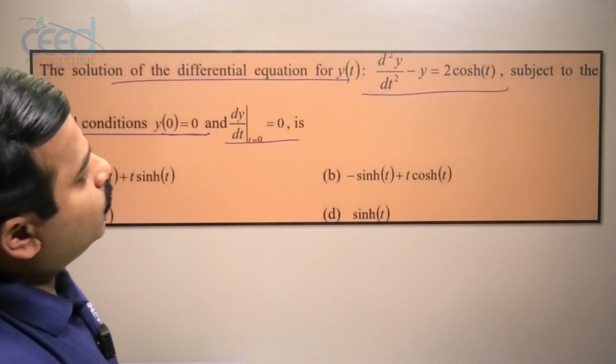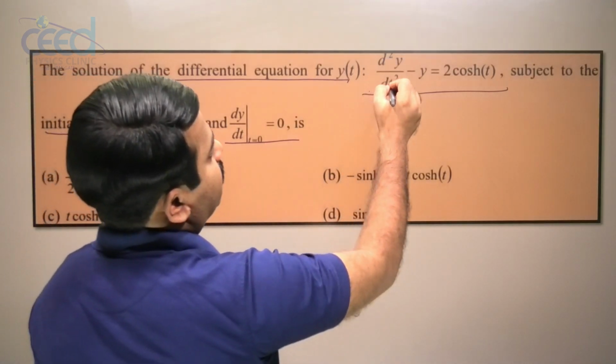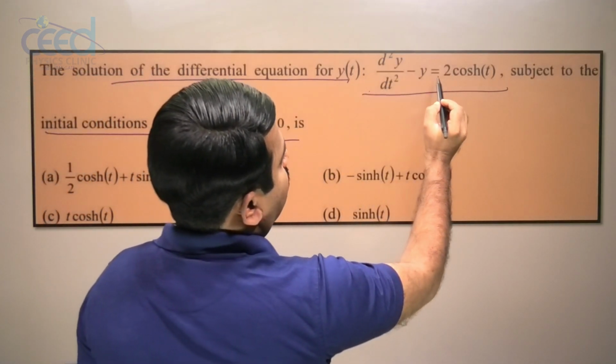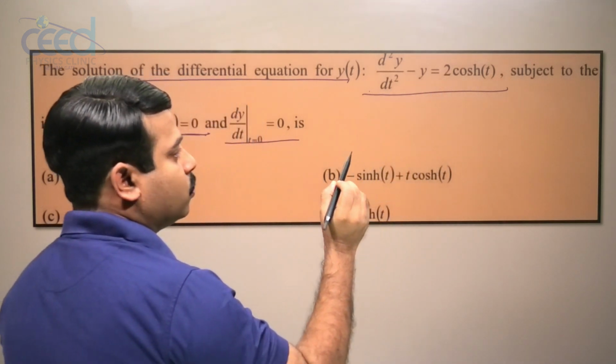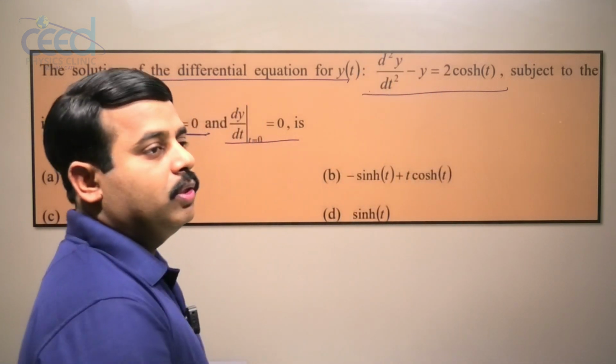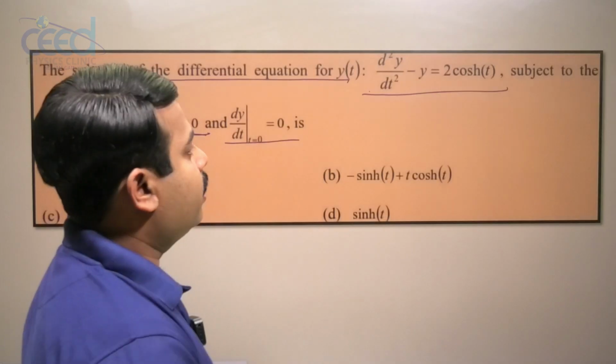Here we have both left hand side and right hand side parts, so we have to solve both the complementary function and the particular integral.